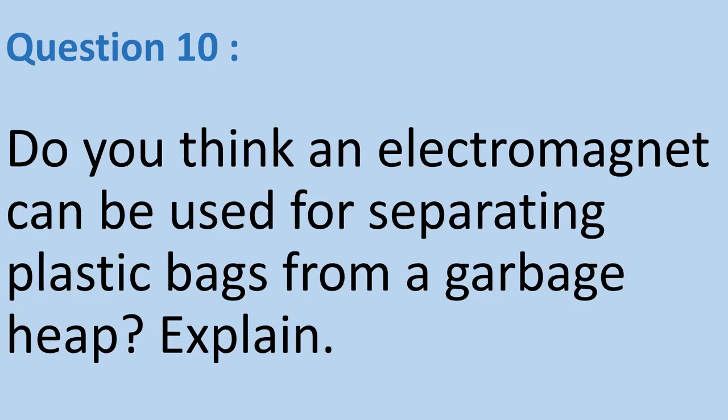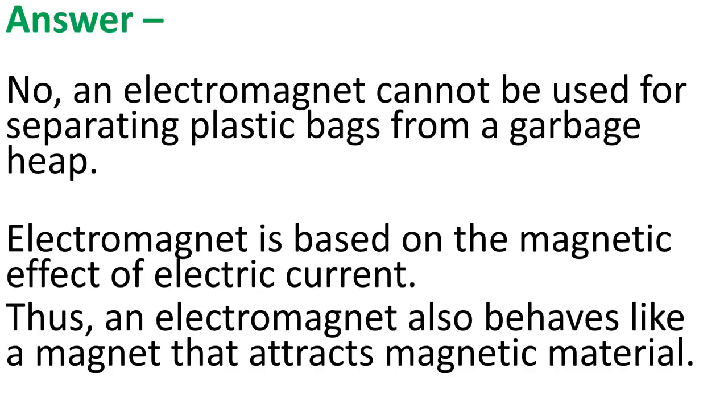Question number 10. Do you think an electromagnet can be used for separating plastic bags from a garbage heap? Explain. Answer: no. An electromagnet cannot be used for separating plastic bags from a garbage heap.